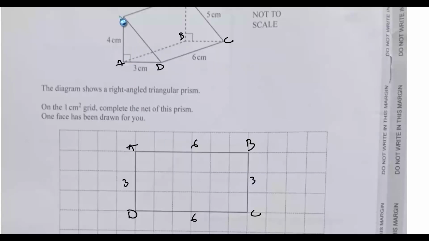So I can say P here. If I put P here now, that means we need triangle PAD. Okay, so that means if you unfold this, it's going to be something like this. You draw a line like this.